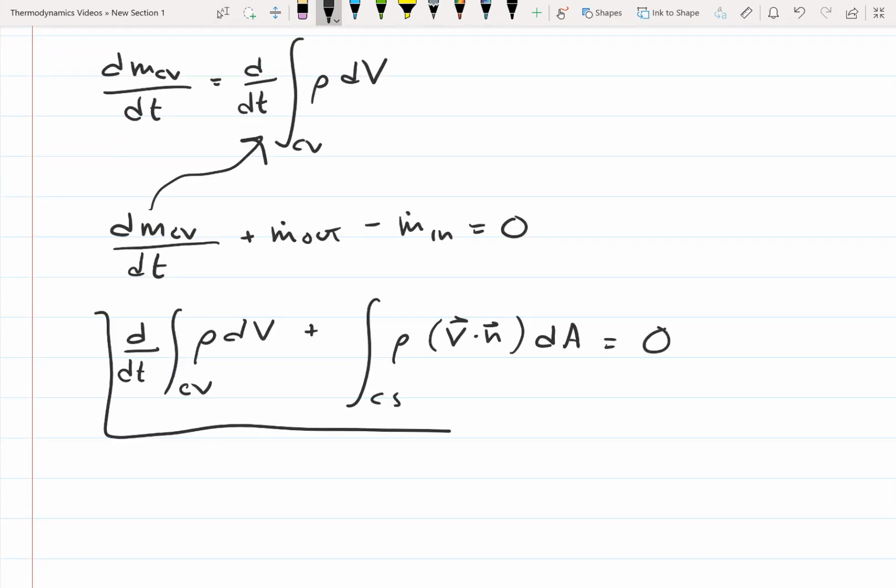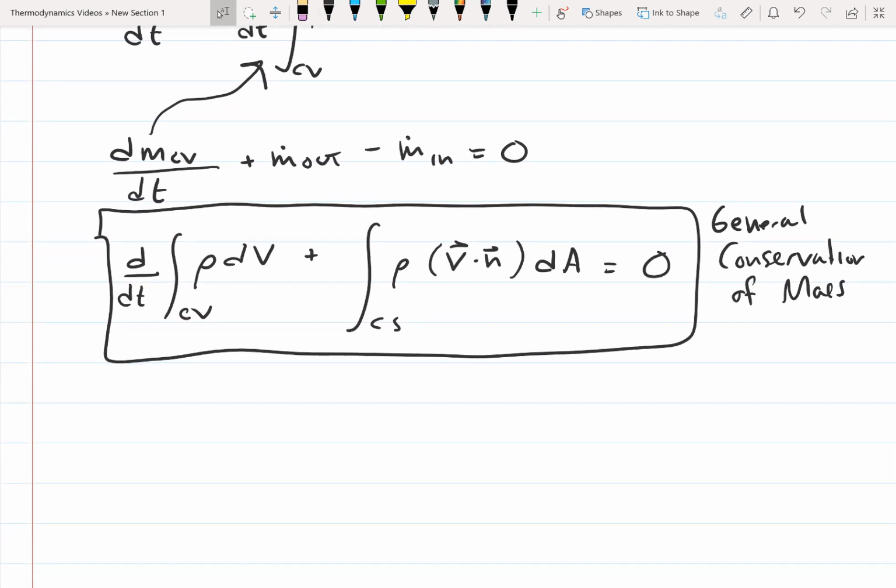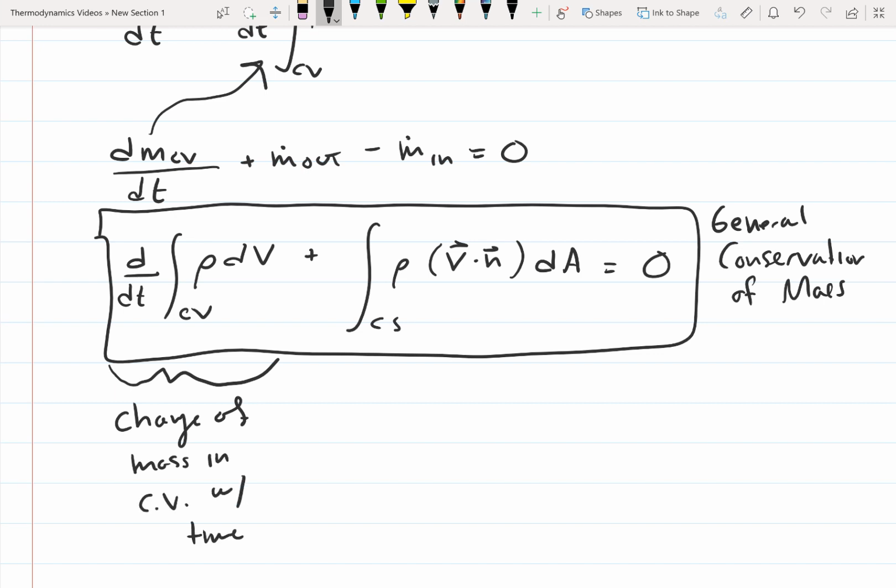So this equation is the general conservation of mass. What these different terms represent is basically just how we derived them. The first term is the change of mass in the control volume with time.